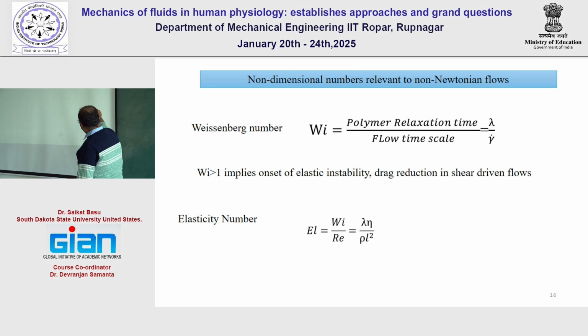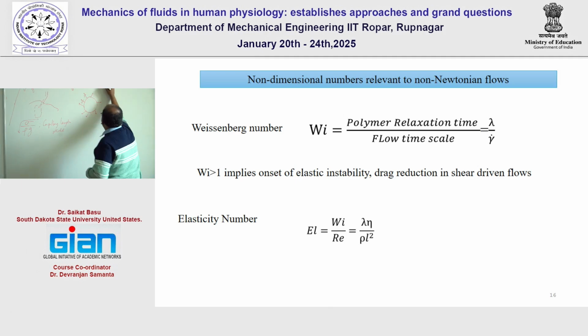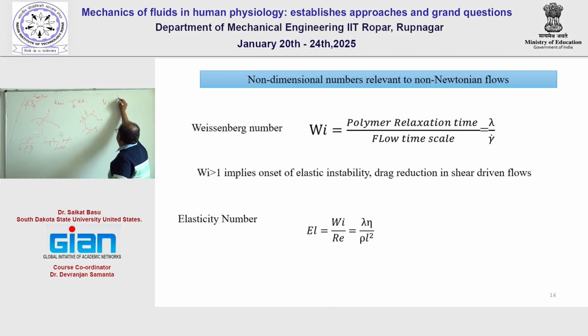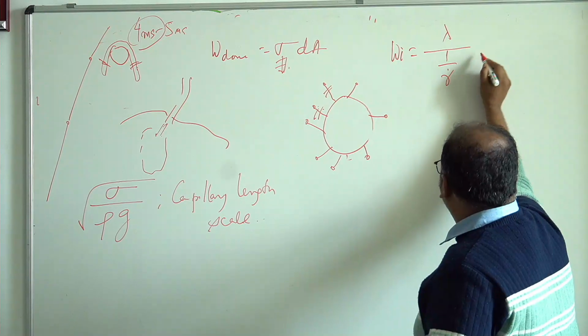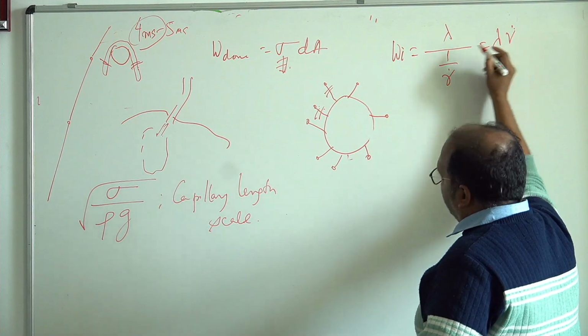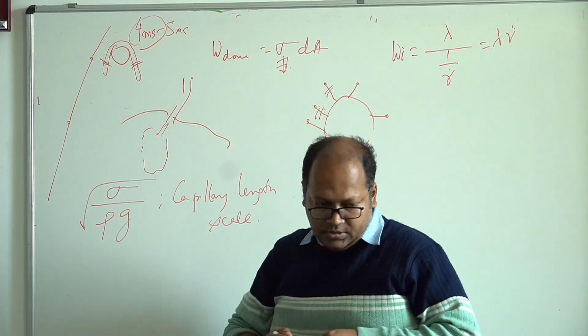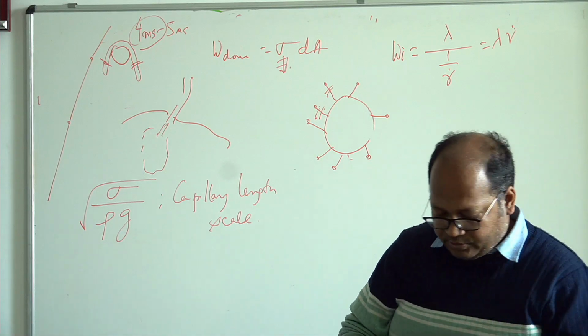The flow time scale, sorry, this should be lambda gamma dot. So it is basically Weissenberg number equal to lambda times 1 over gamma dot. So this becomes lambda gamma dot. So that was wrongly typed. This number is important.